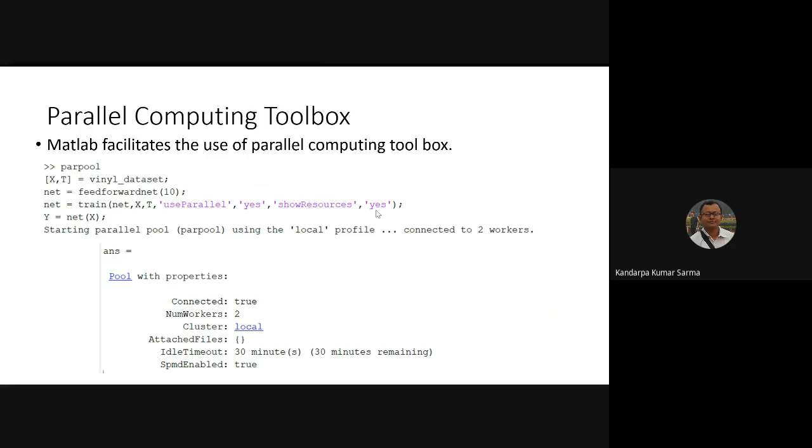So once you give this declaration, you are simulating the network. Then it will give a display: starting parallel pool using local profile connected to two workers. Now, two workers means you are doing work with two processors, two CPU cores. So here is a display. So this is how you can do a parallel computing based training with the help of MATLAB.